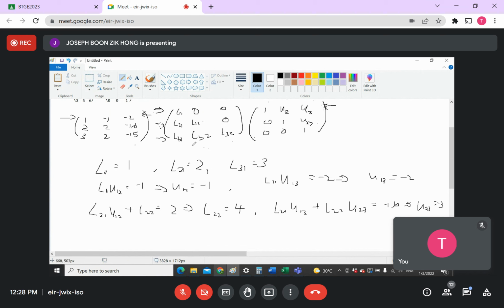So thirdly, this one times this one equal to 2. L3, 3, U1, 2, -1. So -3, -3 become 5.